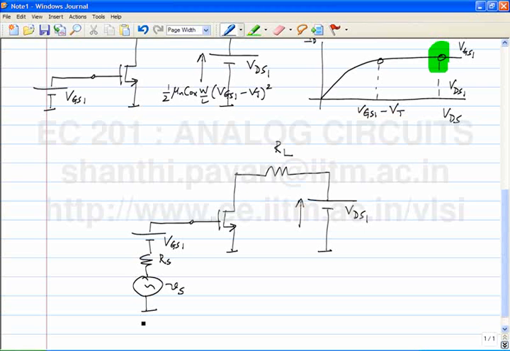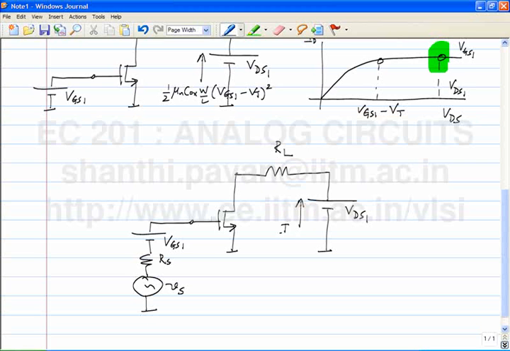Let's say we don't know anything, I just showed you the circuit and said find me the incremental equivalent circuit. What will I do? I will replace the MOS transistor with it. I will first find the operating point. And the operating point is given by VGS1. No, think carefully now.